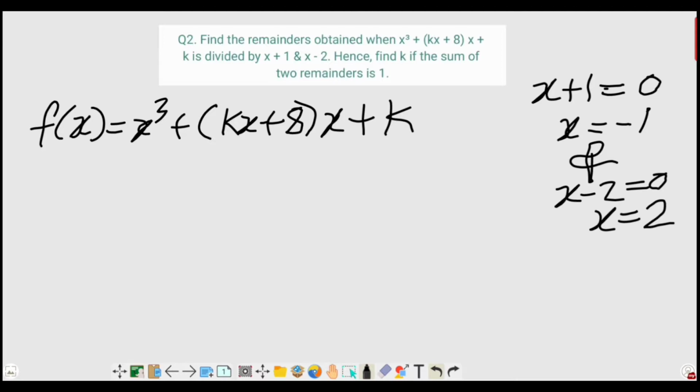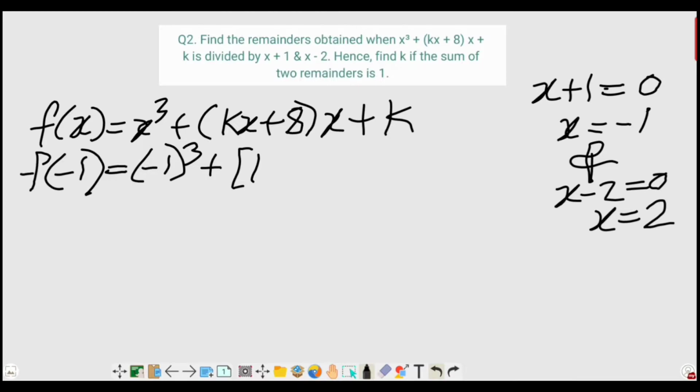So we are applying the remainder theorem here. First of all, consider minus 1. So your f of minus 1 is minus 1 cube plus k into minus 1 plus 8, the whole bracket multiplied with minus 1, plus k.